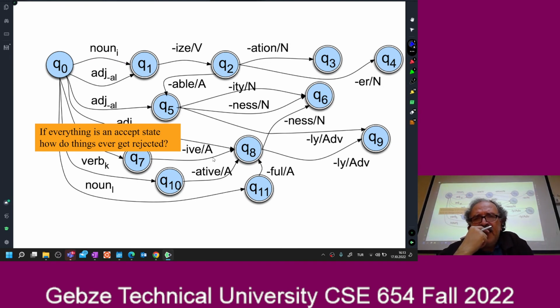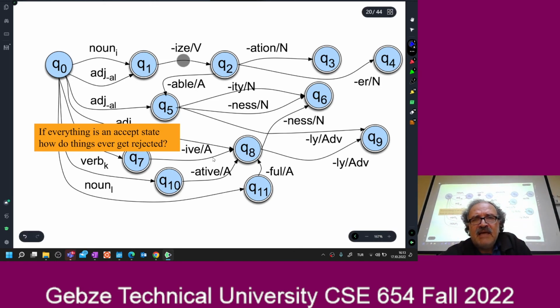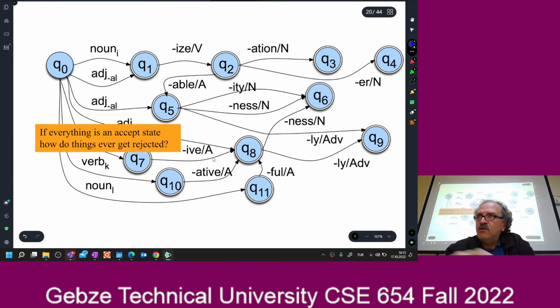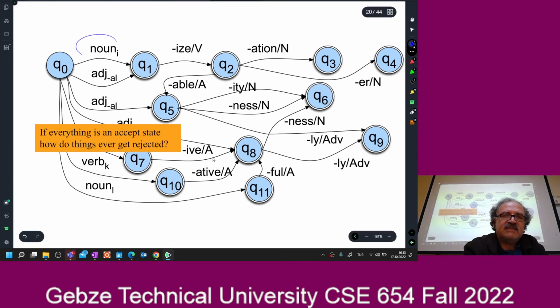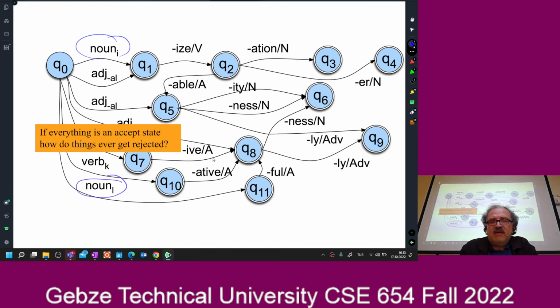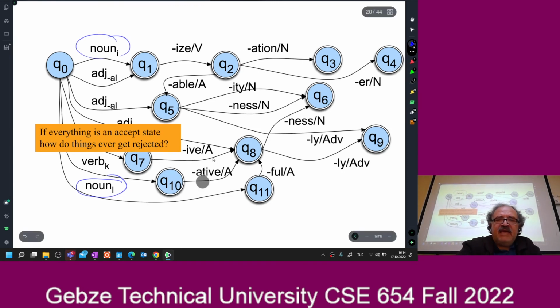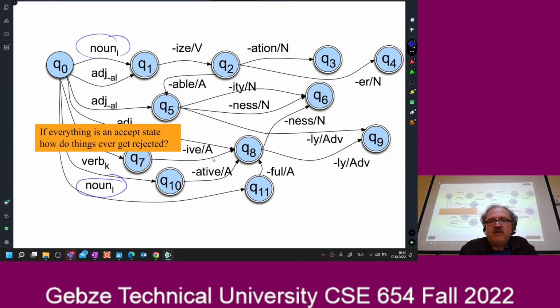Noun type I. Those are the nouns that can take -ize at the end to become a verb. Okay, so this is a noun class. And this is another noun class, noun L, and it can take -ative at the end to become an adjective. Okay?